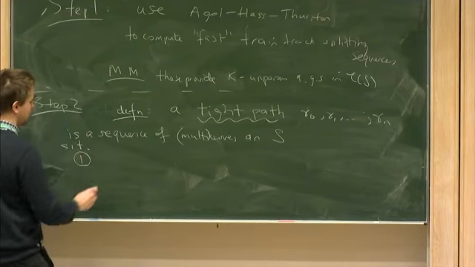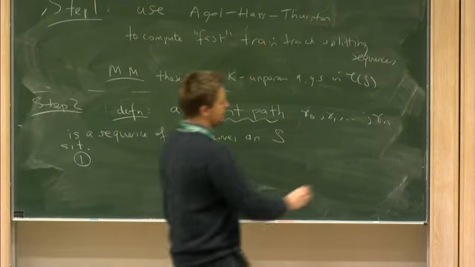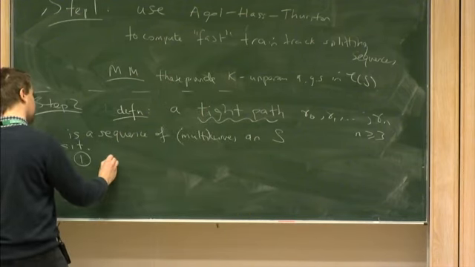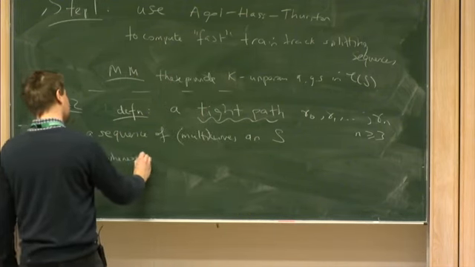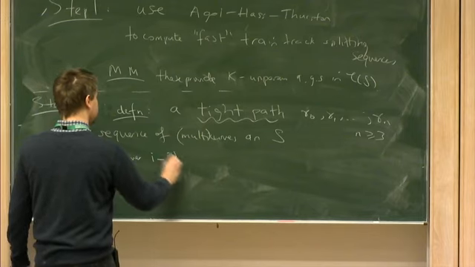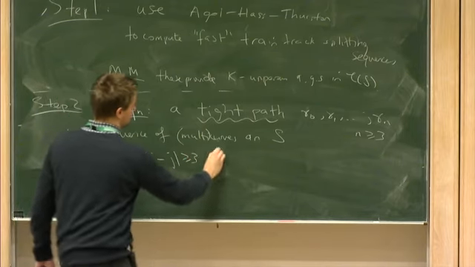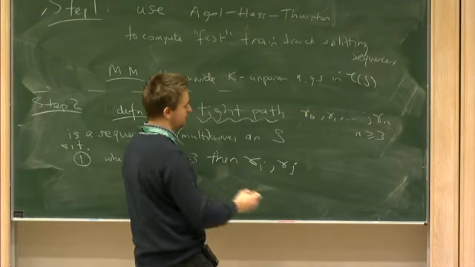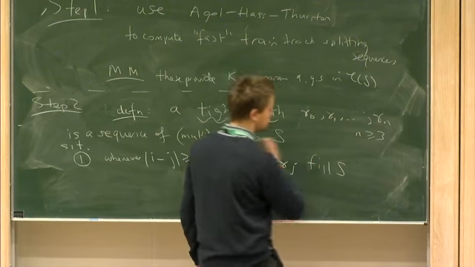First, for technical reasons I want n to be at least 3. Whenever i and j are indices and they're at least 3 apart, then gamma i and gamma j fill the surface.